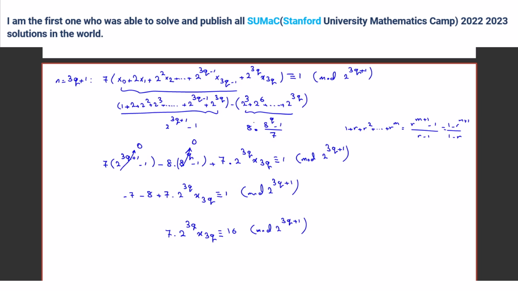Because look, we have minus here, so it would be plus 8. So 8 minus 7 is 1, right? So this part is 0, right? And then you can divide by this coefficient. So x3q is 0 mod what? 2. Yes, because the GCD of this and 2 to the 3q is 2. So x3q is 0, right?